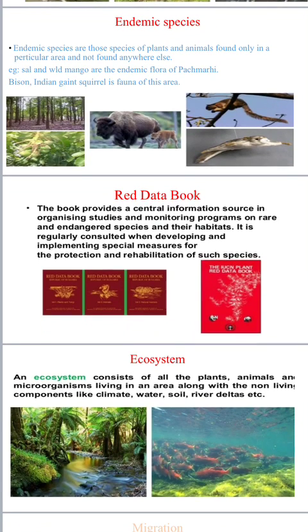Red data book. The book provides a central information source for organizing studies and monitoring programs on rare and endangered species and their habitats. It is regularly consulted when developing and implementing special measures for the protection and rehabilitation of such species.